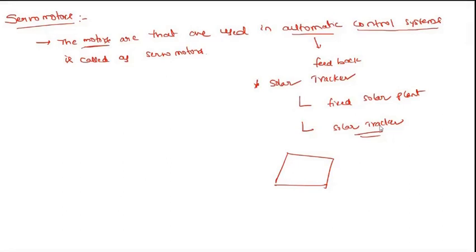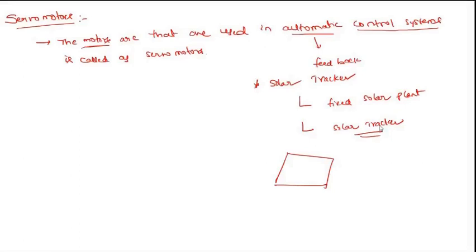How that is achieved is with the help of the servo motors. I hope you got my point. Once again, in a solar tracker, the panel moves along with the direction of the sun, and that is done automatically with the help of the servo motors.